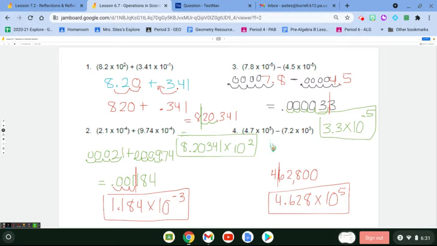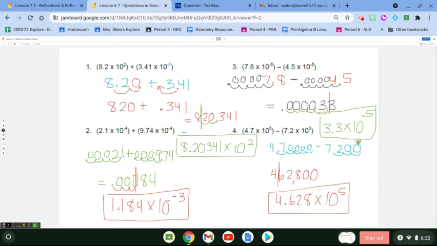Very similar process over here on problem number 4, except we're dealing with larger numbers. So 4.7 times 10 to the fifth, we're going to the right. 1, 2, 3, 4, 5. So 1, 2, 3, 4 zeros I have to fill in there. So that would be 470,000 minus, and then we have 7.2 times 10 to the third. So that would be 1, 2, 3 places I'd be moving.